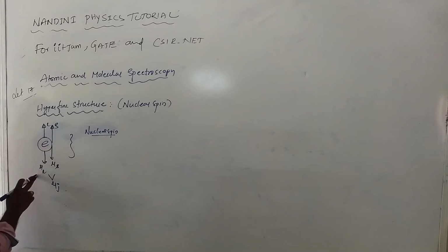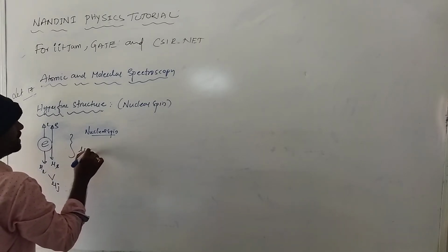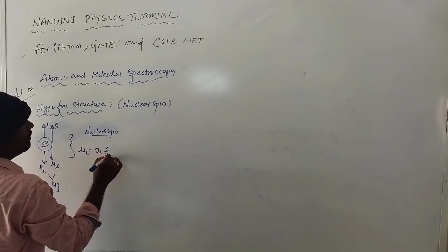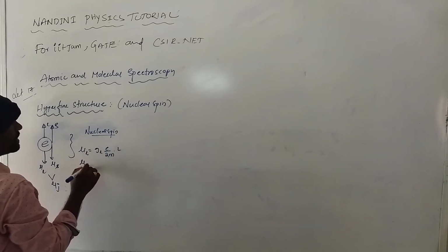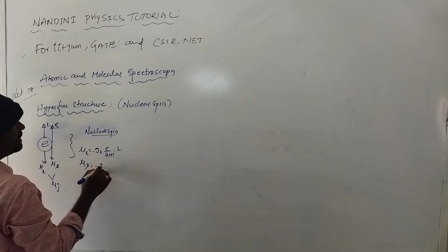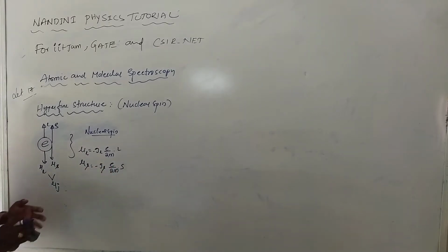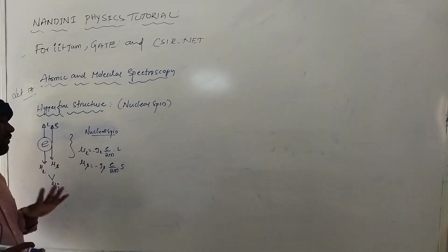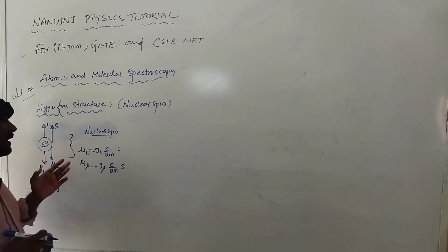Generally this is the magnetic moment of orbital angular momentum as well as spin magnetic moment. So mu L is equal to g_L e by 2m into L. Similarly mu S is equal to minus g_S e by 2m into S. This is the spin magnetic moment, and this is the orbital magnetic moment.